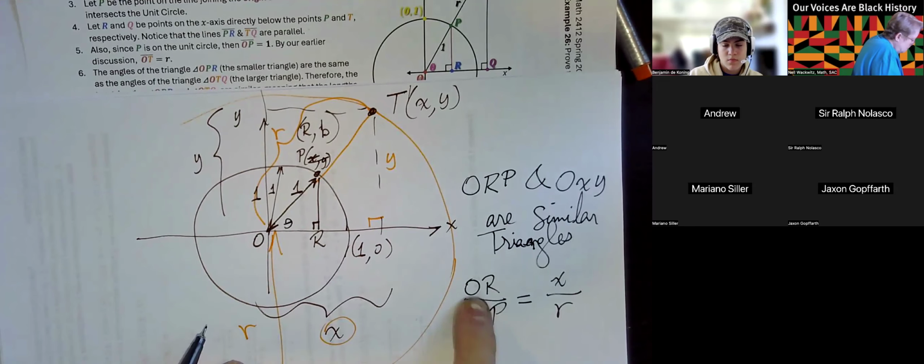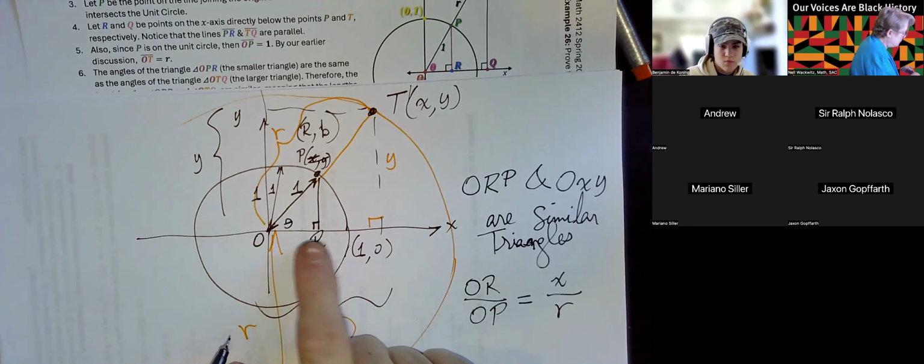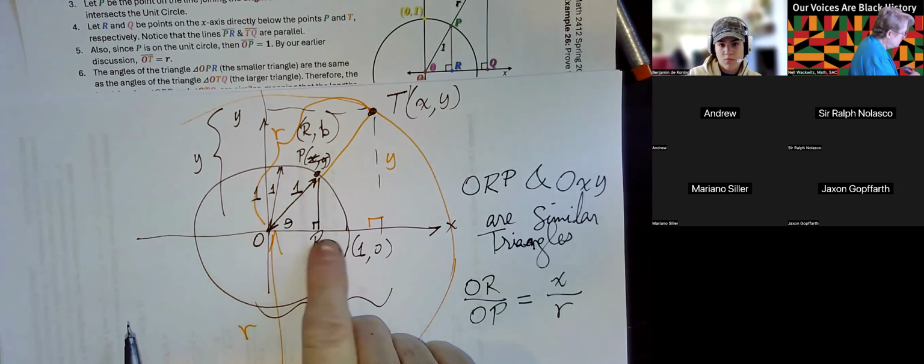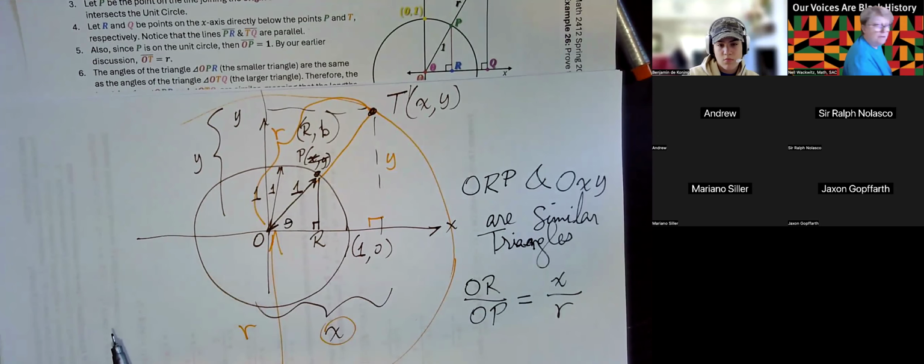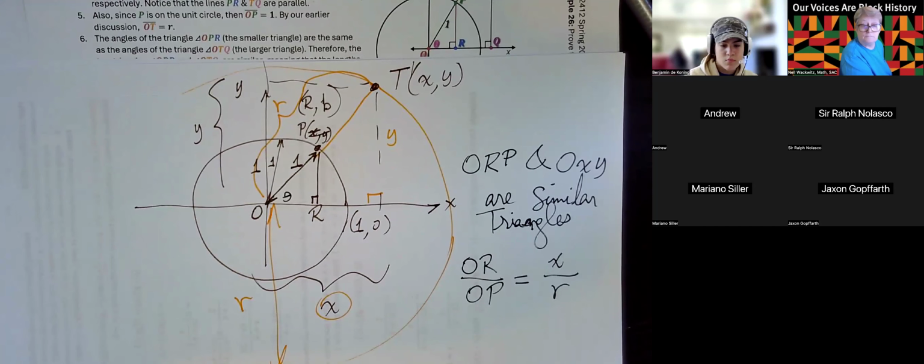Now, OR lives in the unit circle. It's the x-coordinate of P, but the x-coordinate in a unit circle always goes with what? Cosine. Cosine, good.